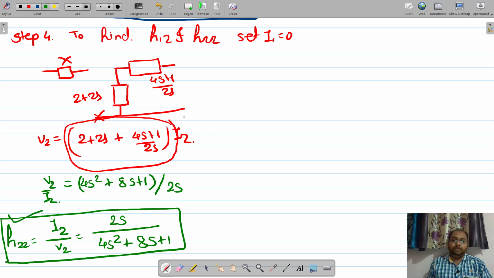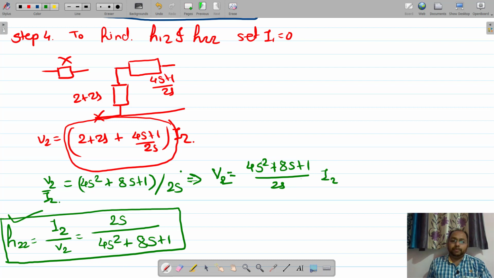Now V2 is nothing but this into I2. So V2 is equal to 4s square plus 8s plus 1 divided by twice s into I2.